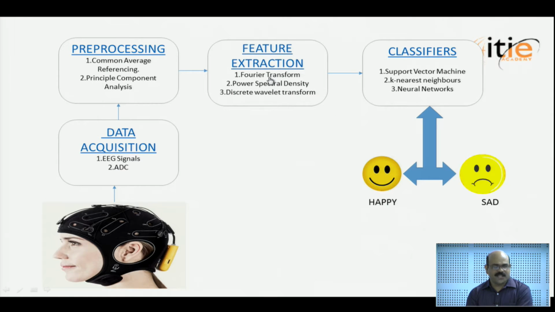In the feature extraction we went with the basic features of the signal, the Fourier transform, PSD, power spectral density, and we also used the discrete wavelet transform, DWT's coefficients. Then we tried out two classifiers, one is an SVM and then the k-means, and we were able to classify the status as sad or happy.